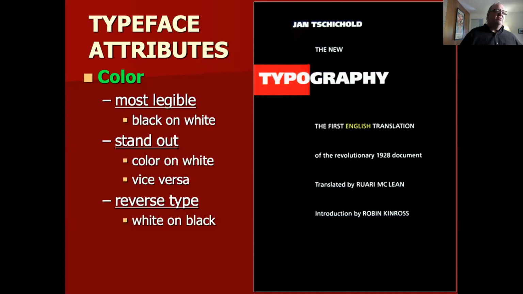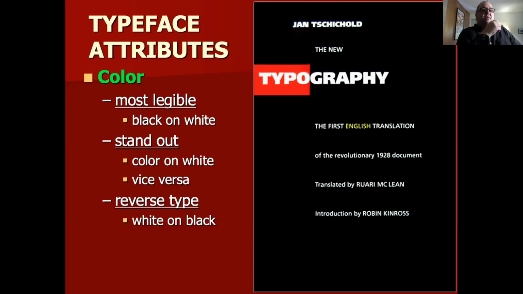Now, when we talk about reverse type, that's down here at the bottom. We talk about reverse type being white on black, and that's actually ink everywhere except where you're letting the paper show through. Normally, colors do stand out on white paper, but when you reverse type, it tends to stand out very well.